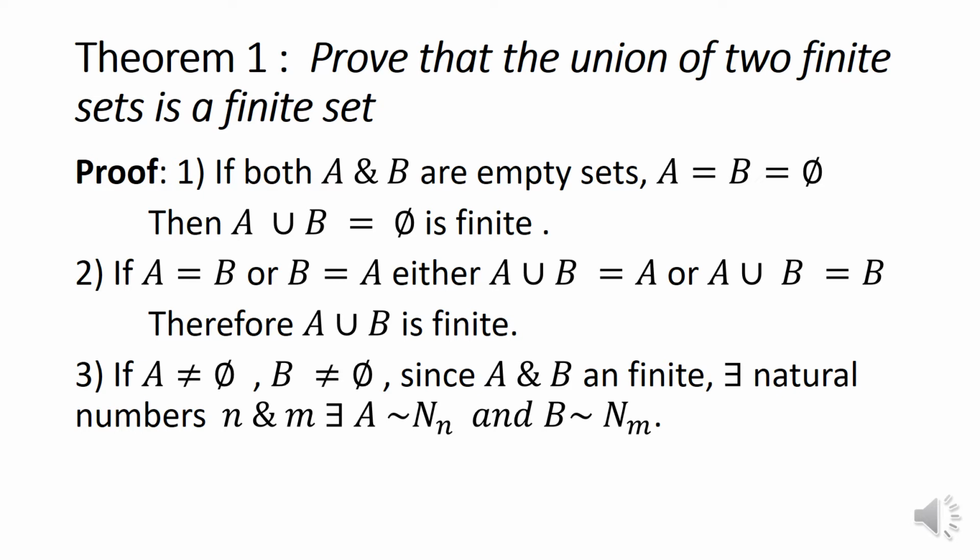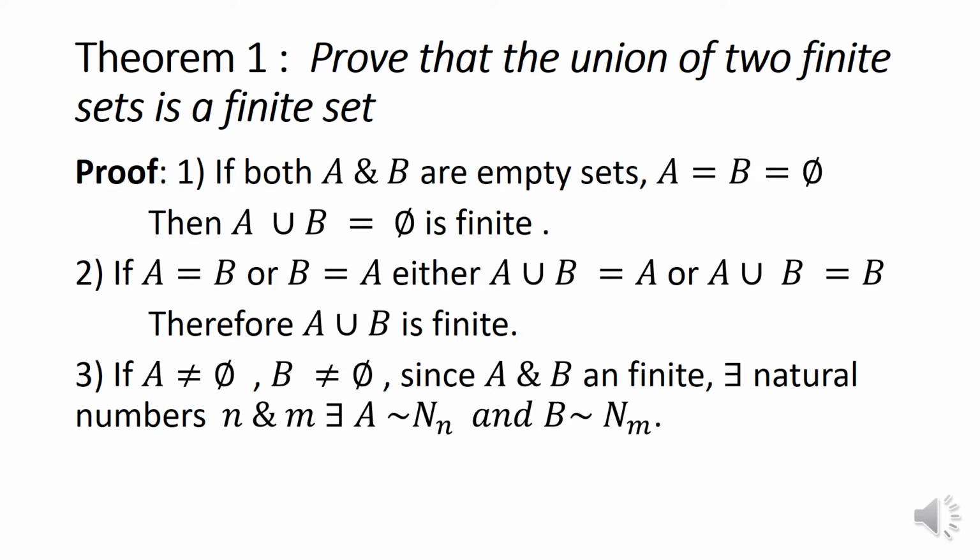And coming to the second case, if the two sets A and B, A is equal to B or B is equal to A, meaning the number of elements in the set A is equal to the number of elements in the set B, then A union B equals A or A union B equals B. With these conditions, we can say that A union B is finite.